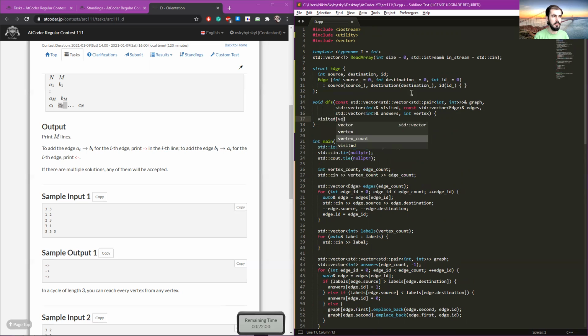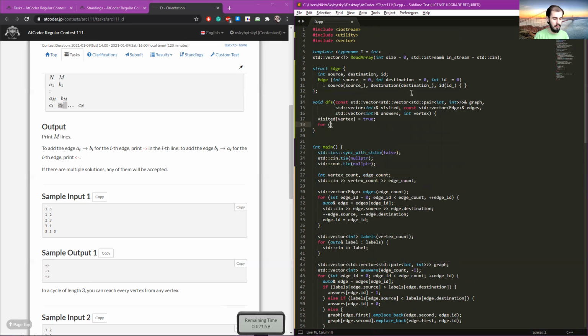First of all, visited at vertex equals true. Loop through. Actually, we want to copy even if it's a pair.